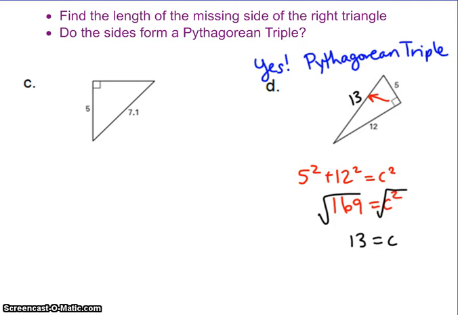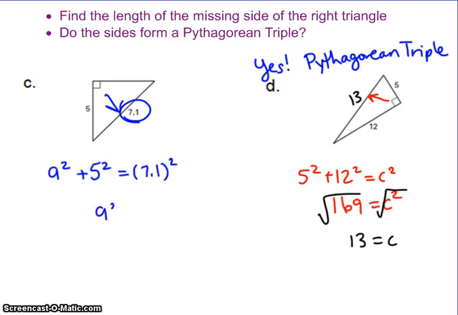Alright, now on letter C, we can actually take a shortcut. First off, this right here is not an integer, it's a decimal. So we can go ahead and say this is not a Pythagorean triple. However, they do want us to go ahead and find the missing side. So the side that I circled is the hypotenuse.